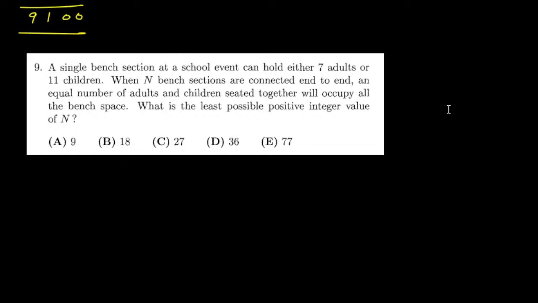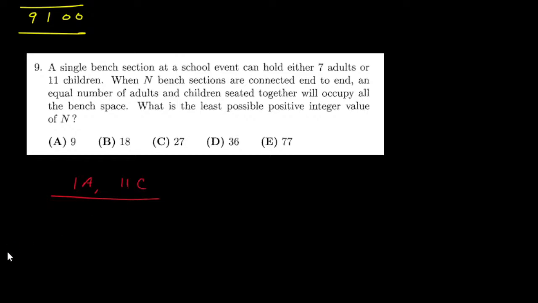Okay, we have to read this question again. A single bench section at the school event can hold either 7 adults or 11 children. So in a single bench, if this is a bench, either I have 7 adults or I have 11 children.